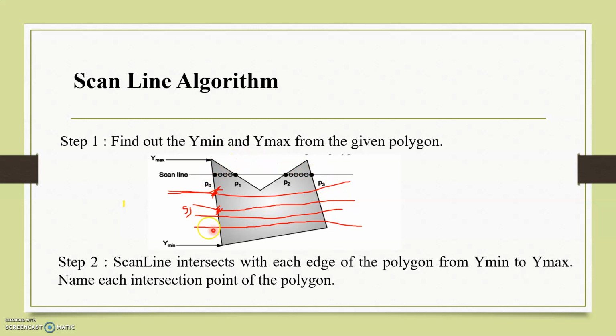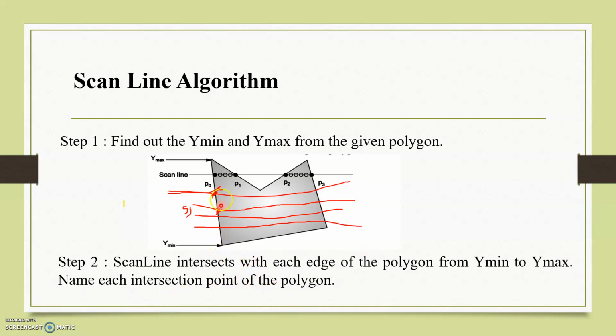This is your particular polygon, and you have to find the y-max, this coordinate, and the y-min, that is this coordinate. In the second step, the scanline intersects with each edge of the polygon from y-min to y-max. Name each intersection point of the polygon.